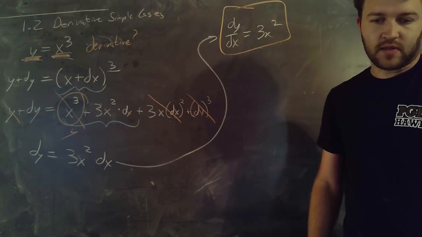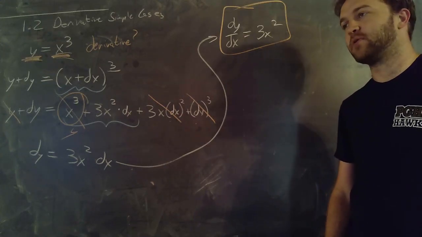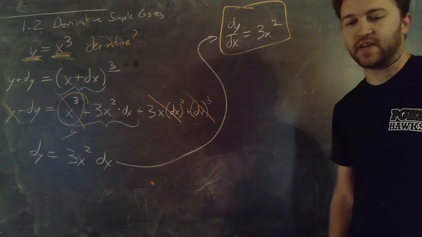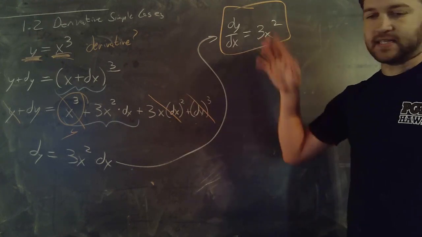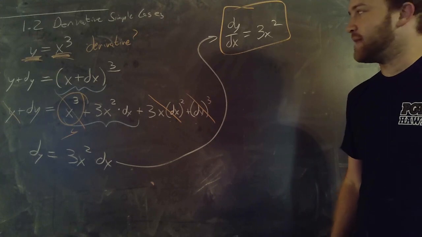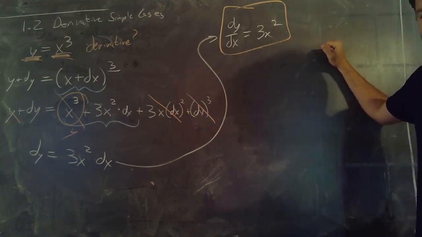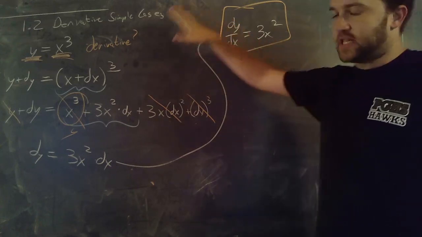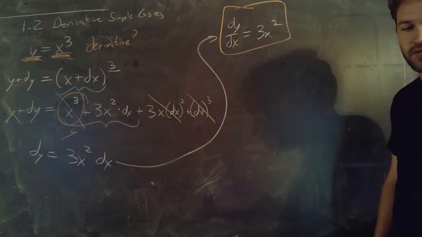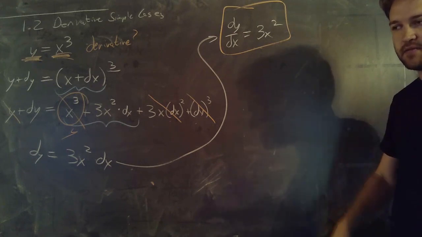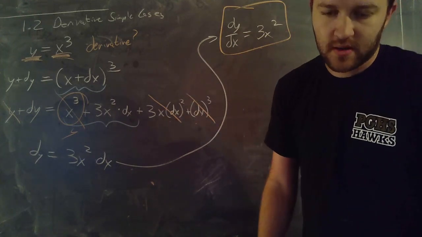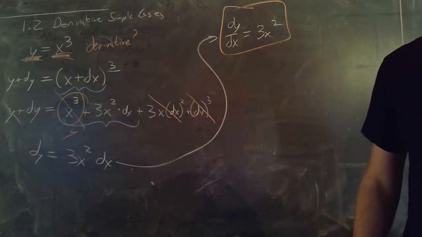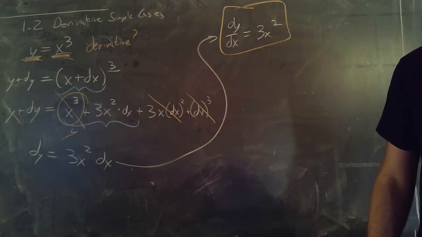And as we go forward in the future sections and we start talking about the chain rule and the product rule and the quotient rule, which are basically the other rules of calculus that you need in order to take derivatives of more complicated functions where you have x's on top and bottom or compositions or other things like that, all you need to know is that we can even use this nice easy method to compute a derivative to find the little pieces of the harder derivatives that we need to assemble according to some sort of rule to compute a more difficult derivative. So that is pretty much it for section 1.2.